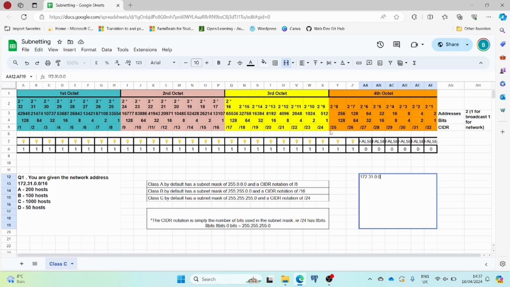So I would come along on here and remove them. I need this column here. All these bits would relate to the network bits, and then I need these reserved for the hosts because I need 1000. So the first address you would be using would be a CIDR notation of /22.